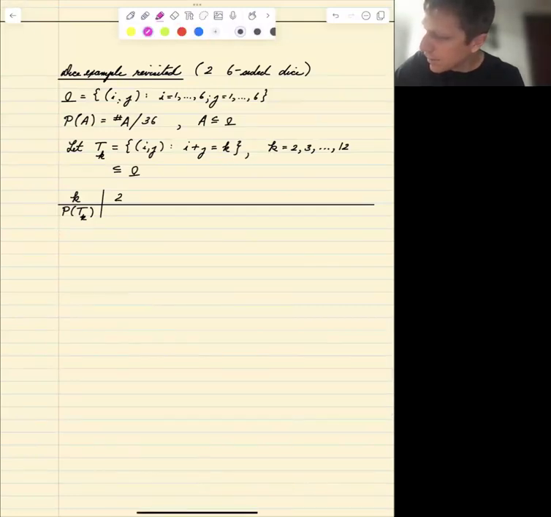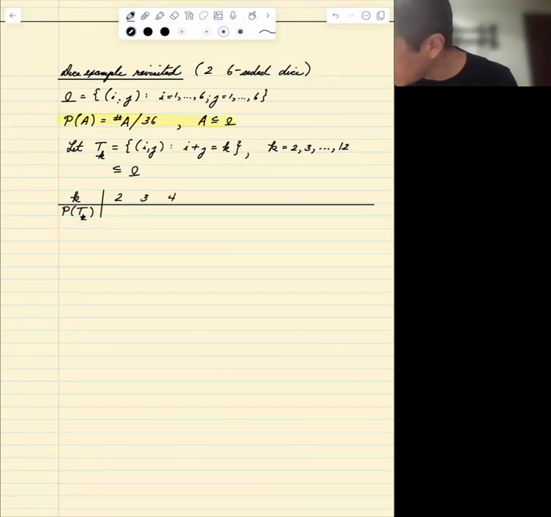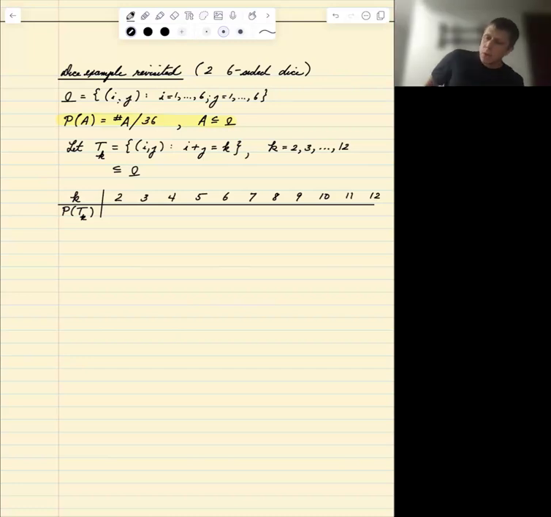This is our model. Cannot stress that enough, and I'll talk about that in a minute. I'll do a little tangent in a minute. I don't want to get off on a tangent right now, but let's take all possible values: 2, 3, 4, 5, 6, 7, 8, 9, 12. Very good. What's the probability of the sum being 2?